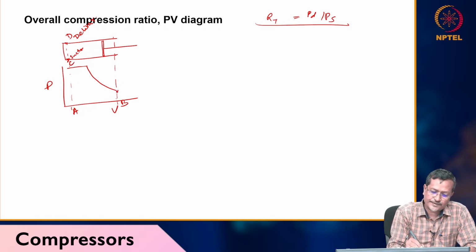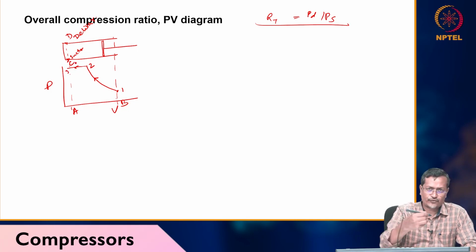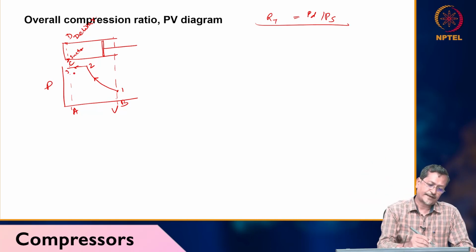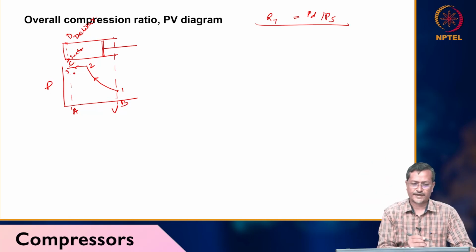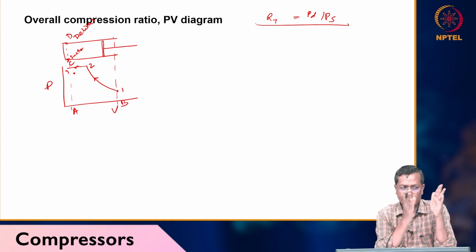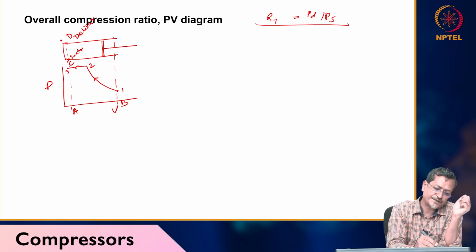Okay. So you compressed up to this level, then you delivered. Let's say 1 to 2 you compressed, then 2 to 3 you delivered, and again 3 to 4 you are lifting up your piston. In a piston cylinder arrangement, the piston is there, the cylinder is there. When the piston moves towards the top, this is called top dead center, TDC.